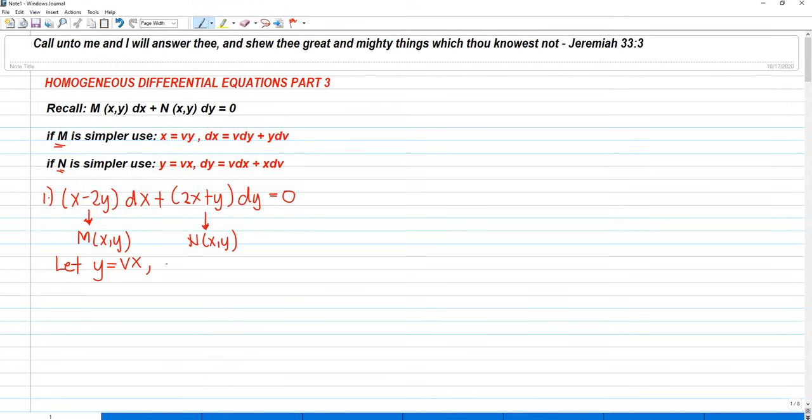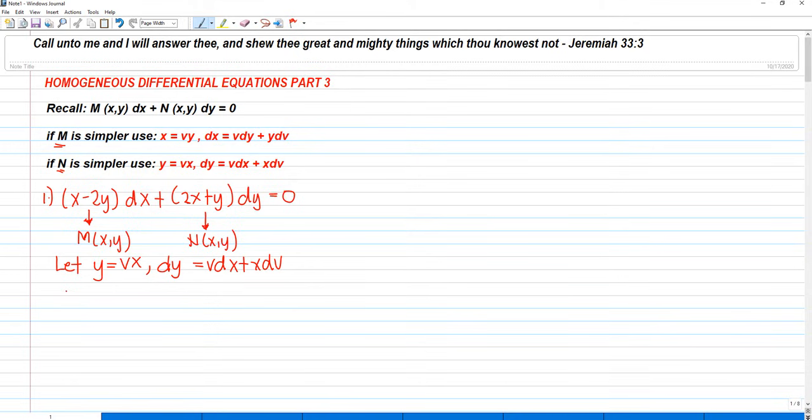Let's try it. So we have dy equals v dx plus x dv. All of the y here in our differential equation will be replaced by vx, and dy should be replaced by v dx plus x dv.